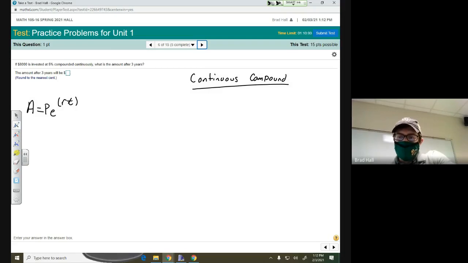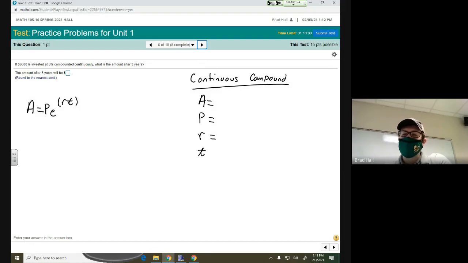So the continuous compound formula, I wrote it on the left over here. And so we have 4 variables that we need to solve for. Again, E is not a variable. E is just some number that is so important and so widely used that really it's just a placeholder, some symbol for it.